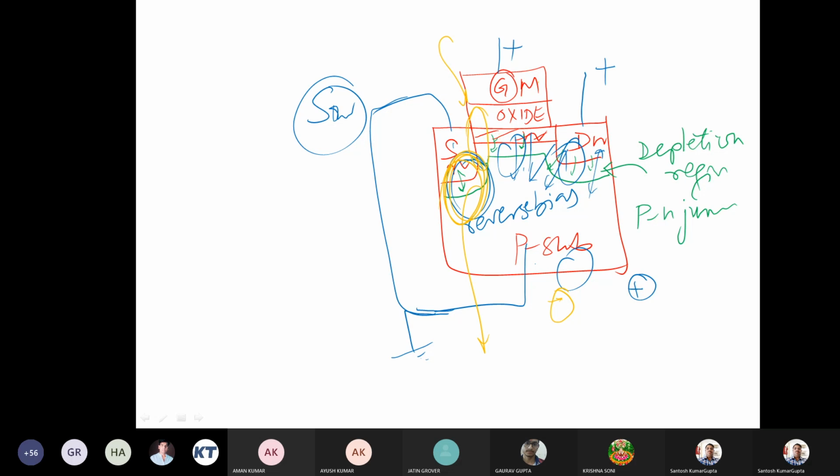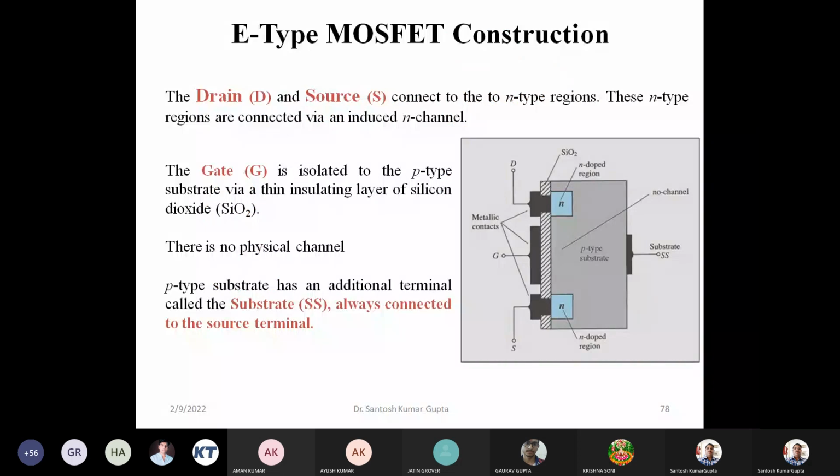Essentially we need a larger gate voltage for doing the same job. This is not a good thing to happen. So to avoid this effect, we connect the source and substrate together. This effect is more prominent, and we can understand it more physically when we discuss the enhancement type of MOSFET.